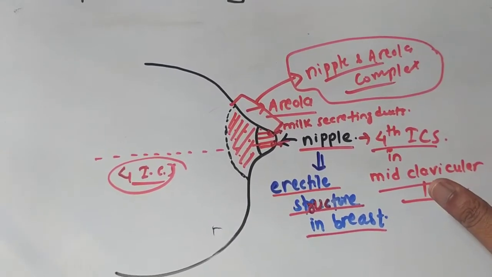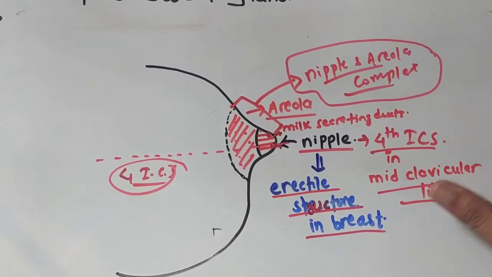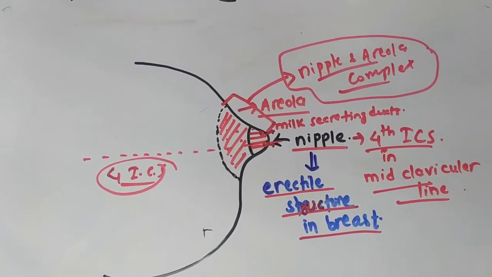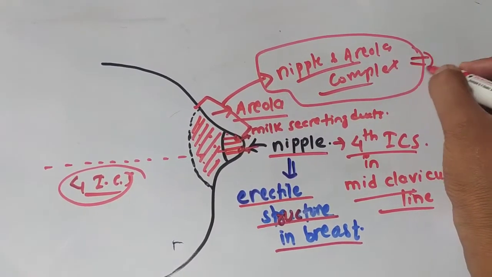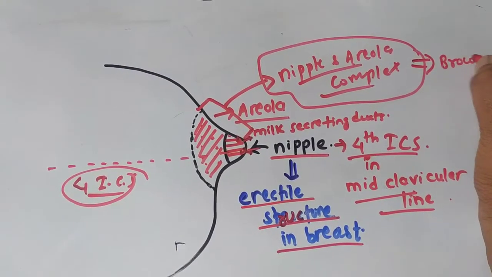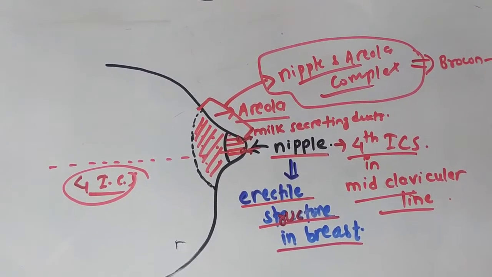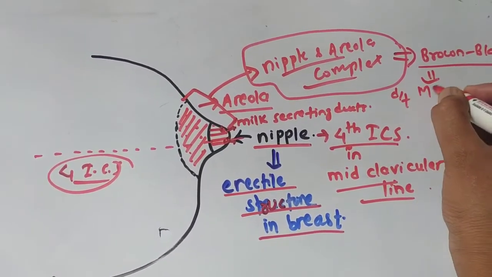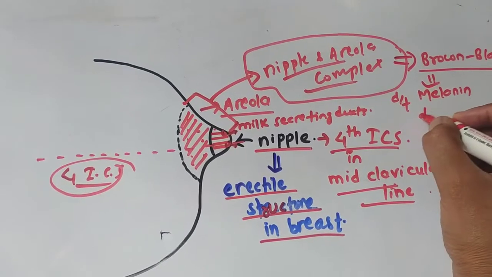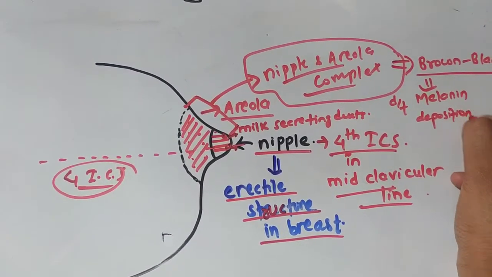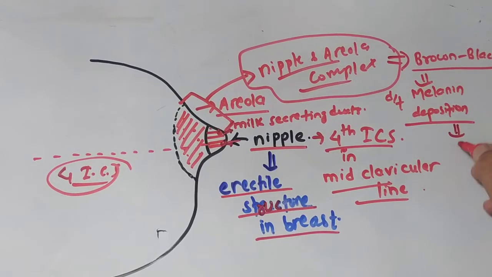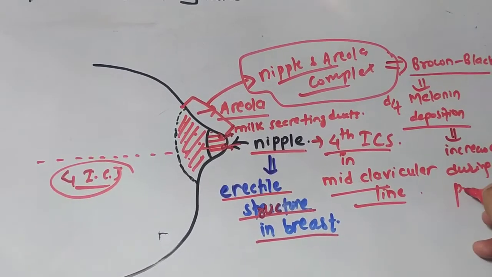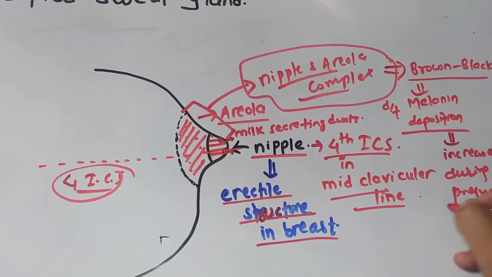So the areola and nipple are brownish black in color due to the deposition of melanin, which increases during pregnancy.